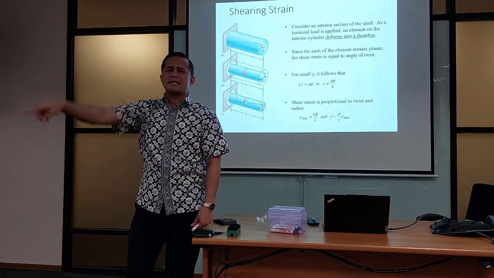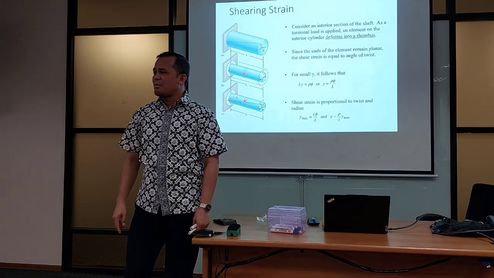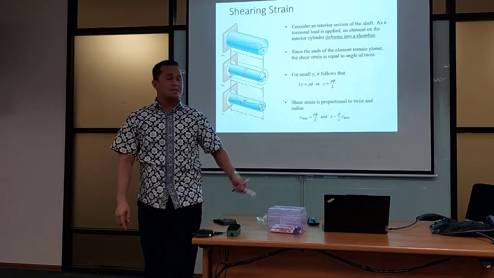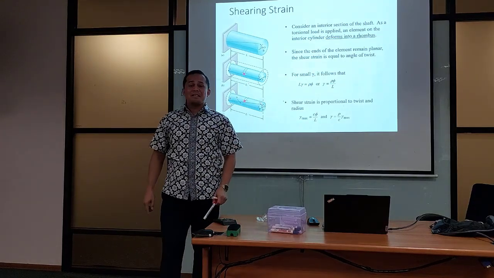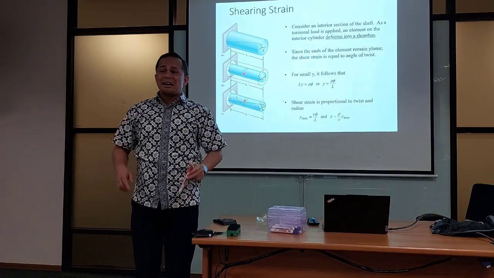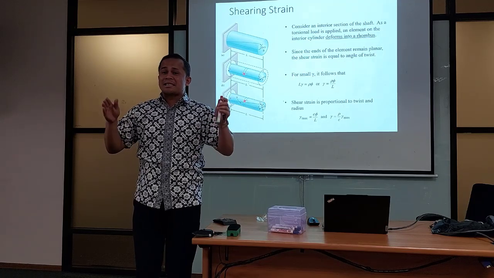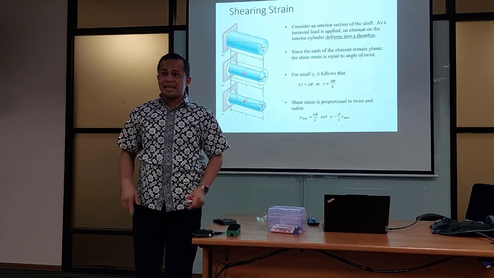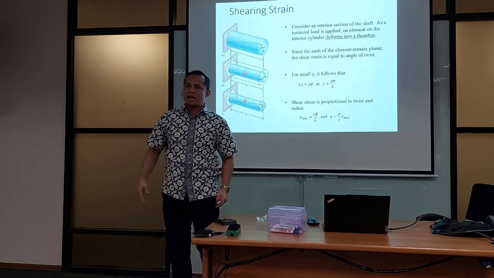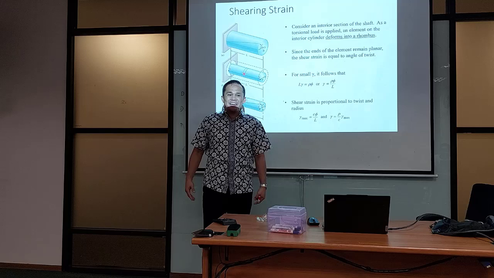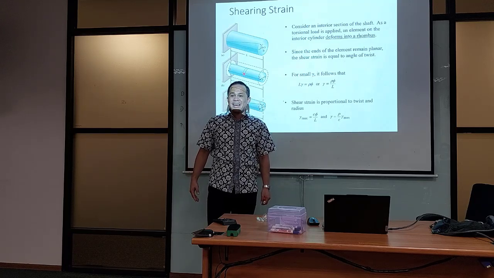At the center, correct. Why? Because no radius. Indeed, in the center, no torsion. The only place that is not twisted is in the middle. If a tornado comes, you try to find the middle. Therefore, you won't be twisted.